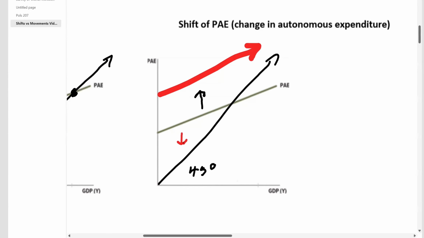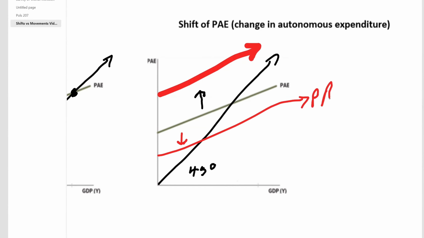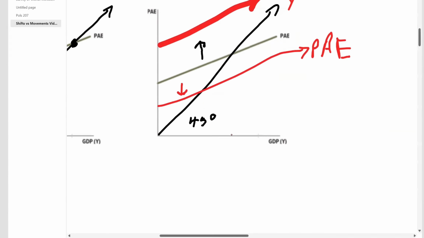These are both the PAE, not the Y. That's the Y. Again, things that cause the shift are government expenditures, changes in planned investment or net exports, and anything that's not income for consumption.